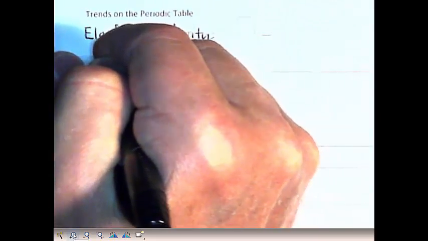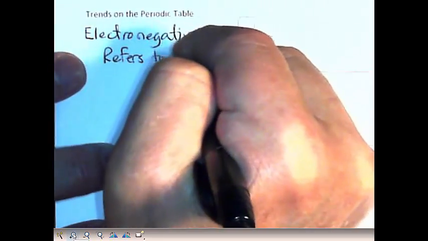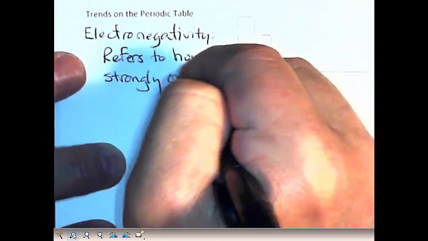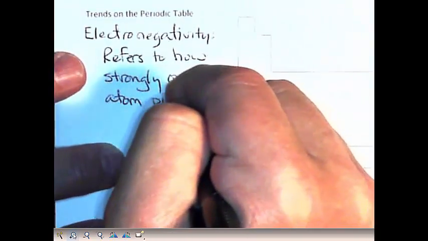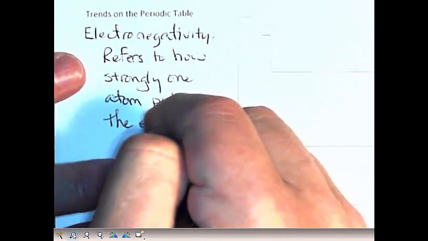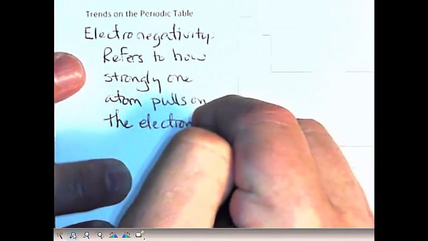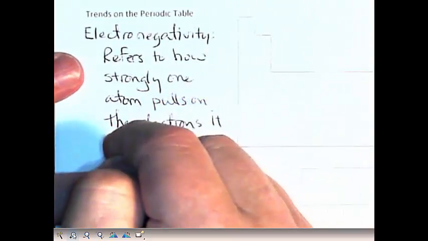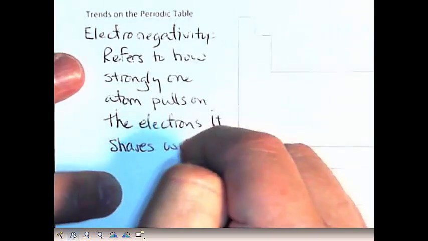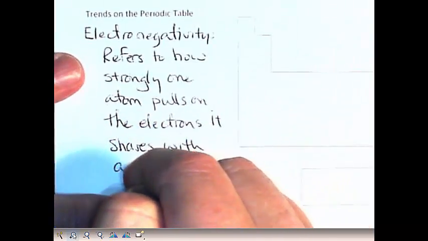This refers to how strongly one atom pulls on the electrons it shares with another atom.